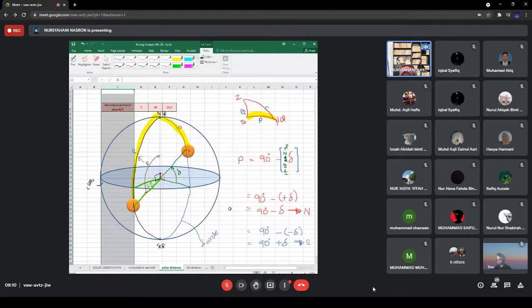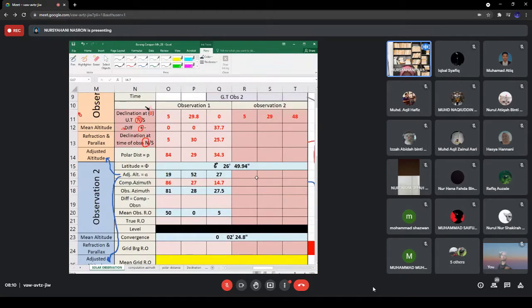After that, we will put the value for latitude and adjusted latitude in the row given. So why do we need these three parameters to calculate computation azimuth?